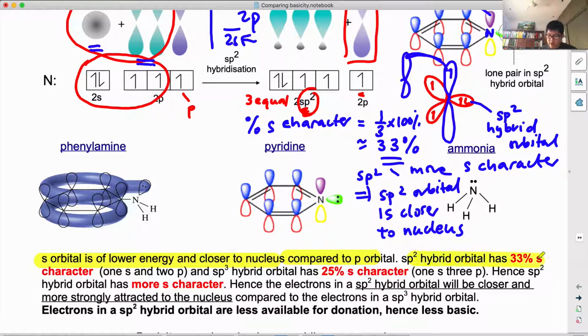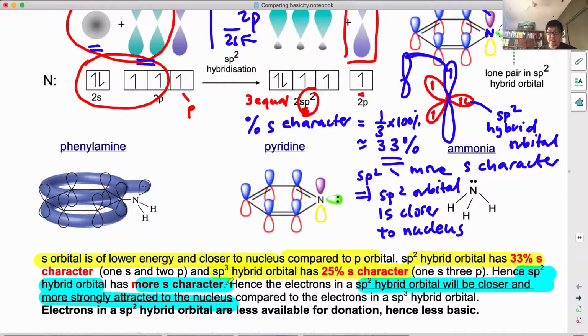So sp2 has 33% s, sp3 has 25% s character. This is very important now, take note. Hence the sp2 hybrid orbital will be closer and more strongly attracted to the nucleus. Why is that so? Because it has more s character.